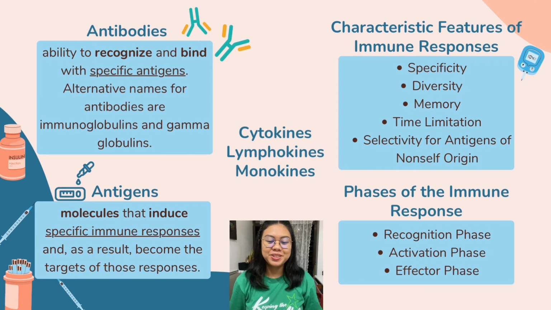Antibodies, what are those? They have the ability to recognize and bind with specific antigens. Alternative names for antibodies are immunoglobulins and gamma globulins. Antigens are the molecules that induce specific immune responses and, as a result, become the target of those responses.